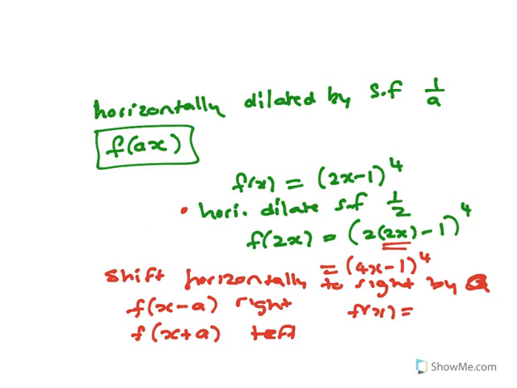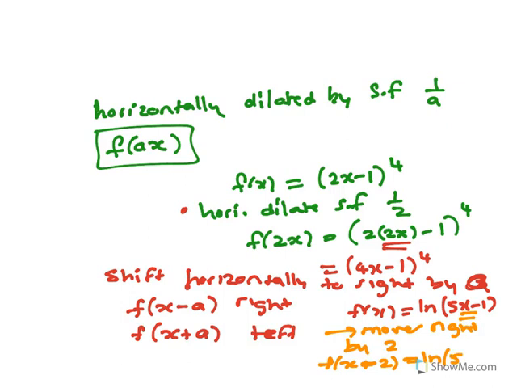But if your actual function is, let's say, ln of 5x minus 1, then it's the actual x value that you're replacing. So if you wanted to move it right by 2, you put in f of x minus 2, because you want to go right. So that would be ln of 5 times x minus 2, minus 1. So that's ln of 5x minus 11.